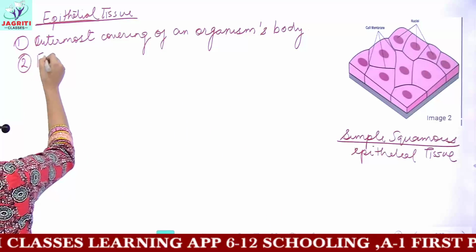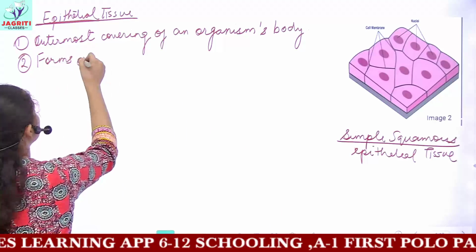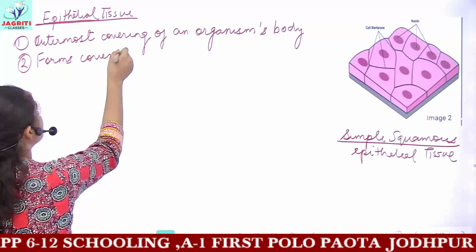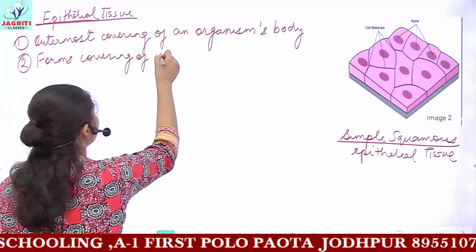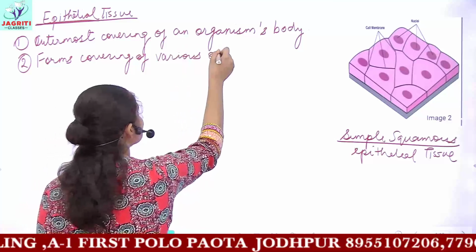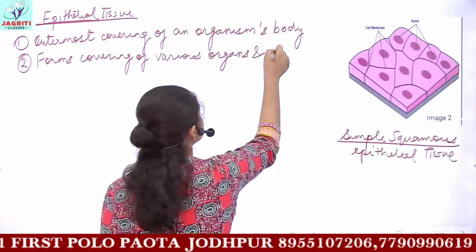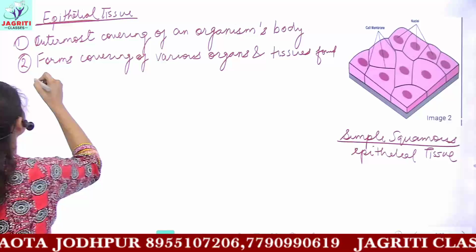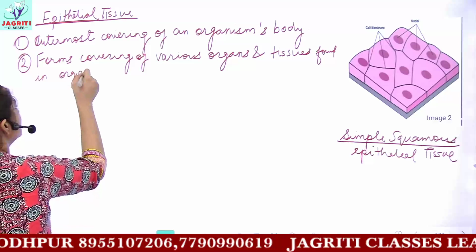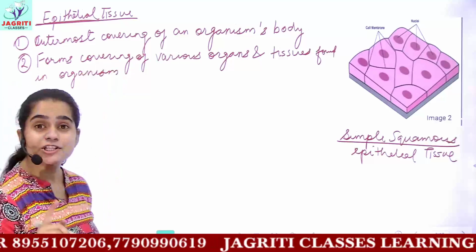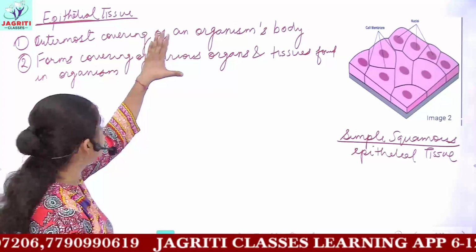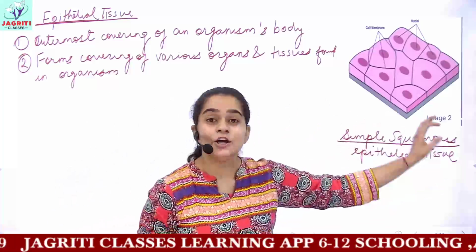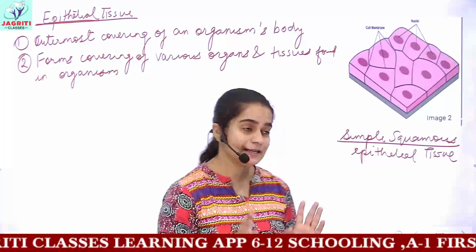So it also forms a covering, or you can say a membranous structure, of various organs and tissues found in the organism. These are the general features of epithelial tissues, and they are common to all epithelial tissues, whether simple squamous, cuboidal, columnar, everything.